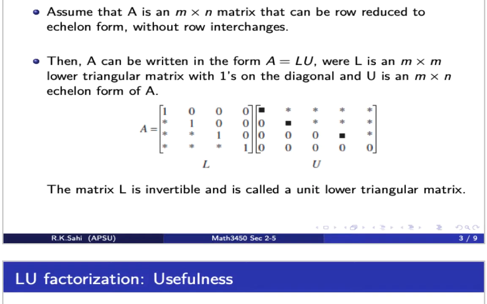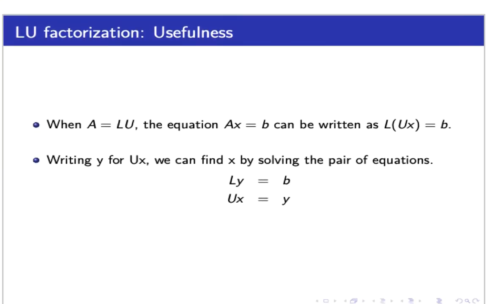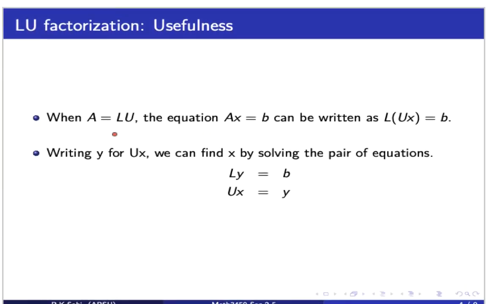This LU factorization is very useful, because when you write A as a lower triangular times an upper triangular matrix, the equation AX equals B can be written as LUX equals B. Now, by our matrix properties, we can write this as L times UX.